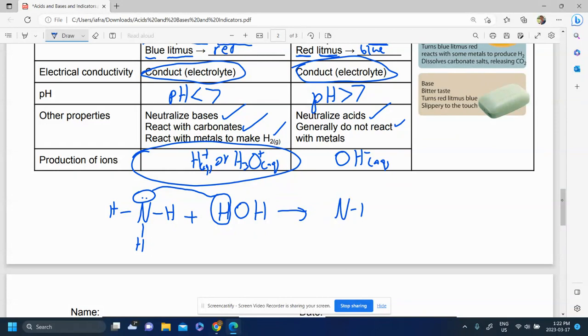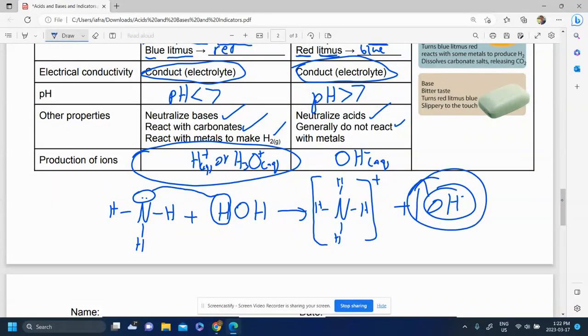And so that's going to produce some NH4 plus. What's left behind when you remove the H is OH minus. So you'll notice that it increased the amount of OH minus in solution, which is why NH3 is basic.